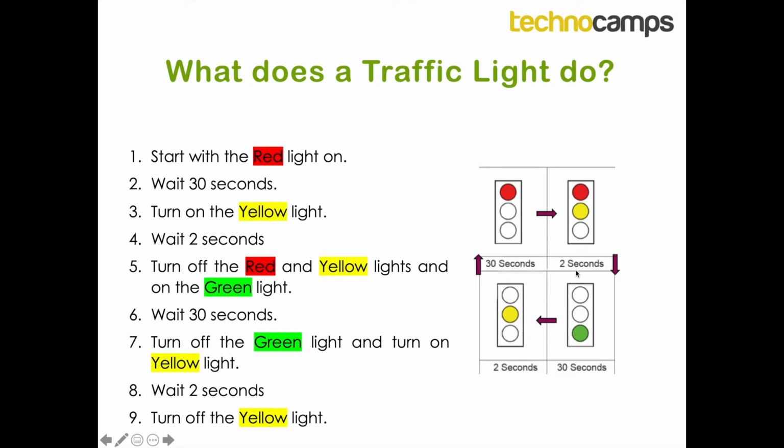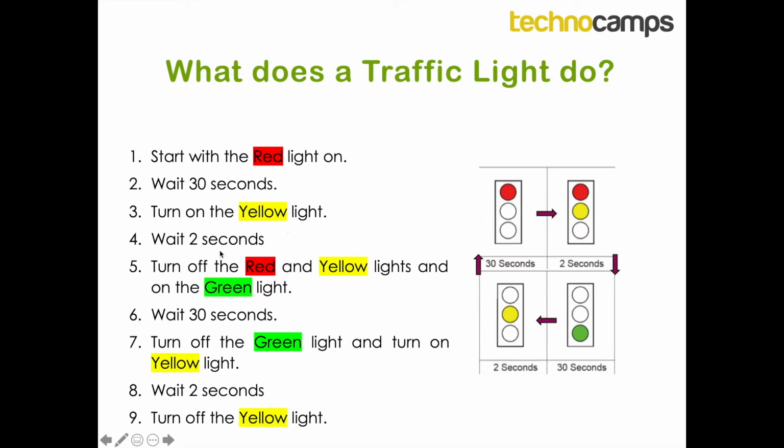And I've also added some times in between because the traffic light pauses at each one of these states for a certain amount of time. So it's showing the red light for 30 seconds, and then it moves on to the red and yellow light for 2 seconds, and then the green light for 30 seconds, and then the yellow light for 2 seconds, and then back to the red light.